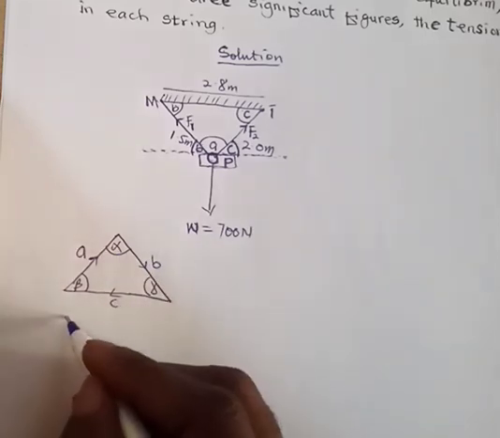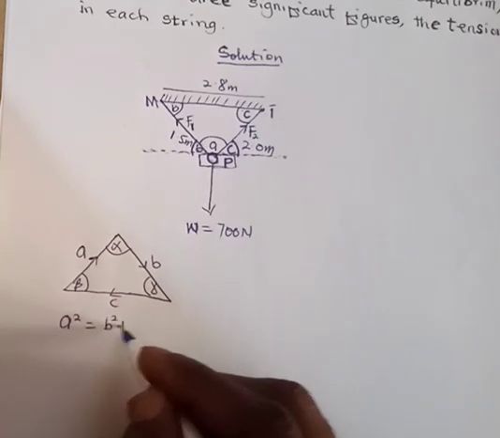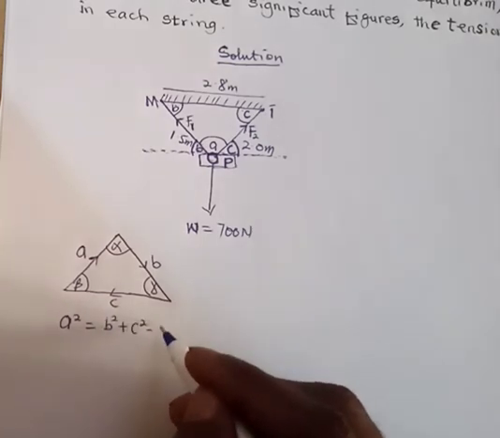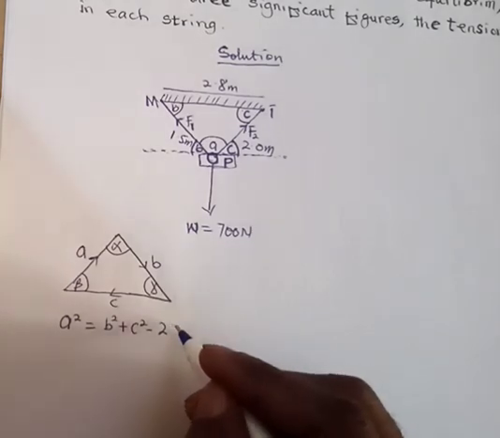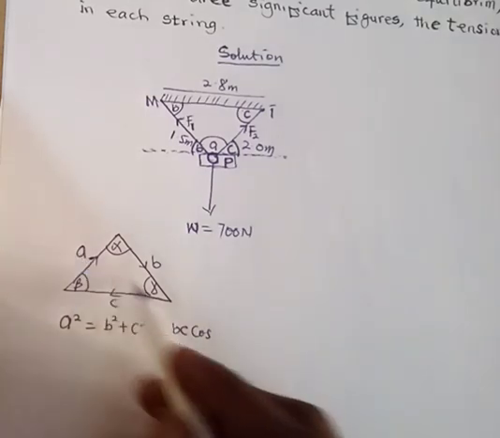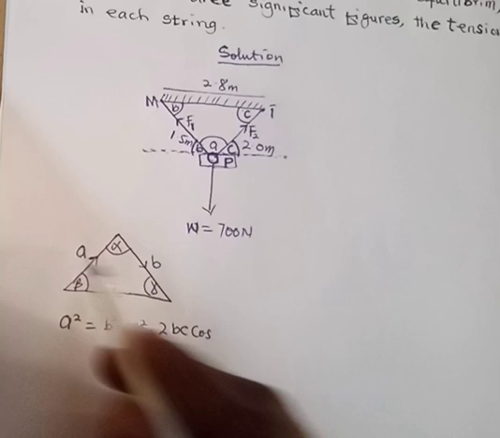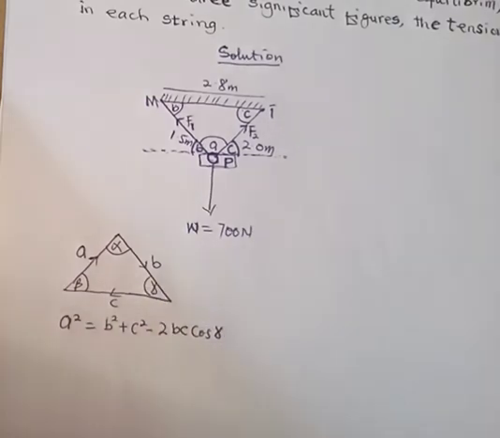For this one, we can write a squared is equal to b squared plus c squared minus 2bc cos, and then the angle opposite to a. So we write that angle here.